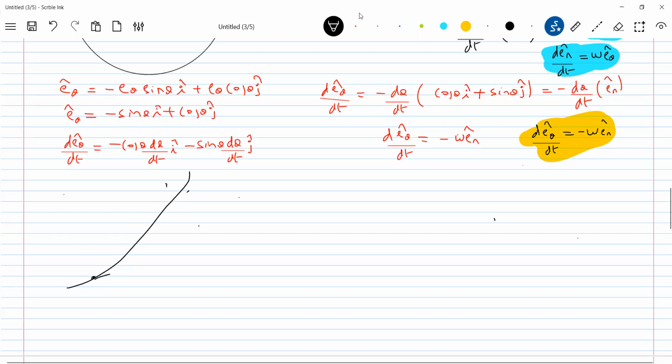Here the particle will have velocity v1. This will be r1. Here the particle is having velocity v2.